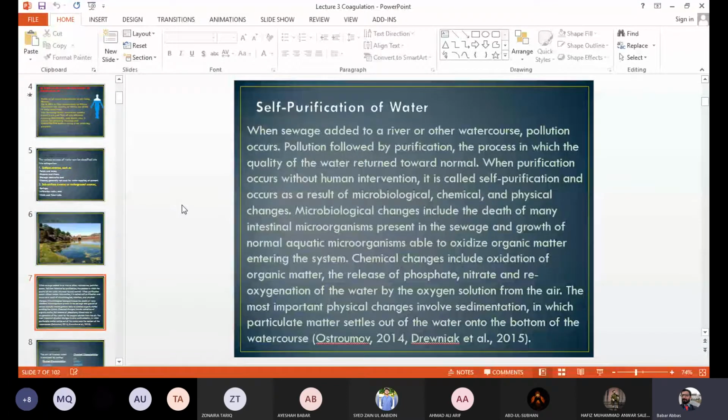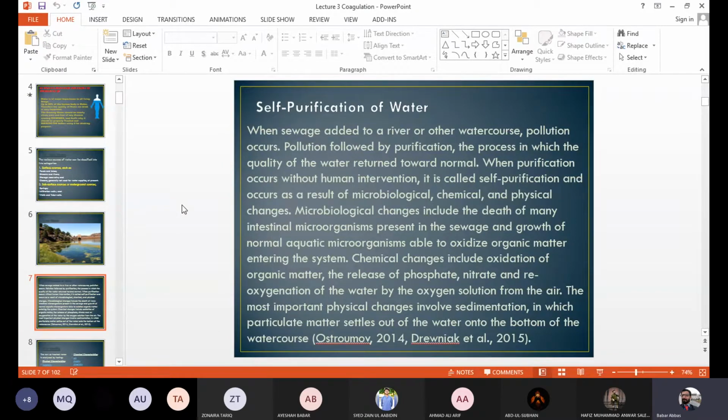Then comes the self purification of water as well. If we do not have a treatment plant, water itself has an ability to purify itself. How it purifies has been discussed in this paragraph.